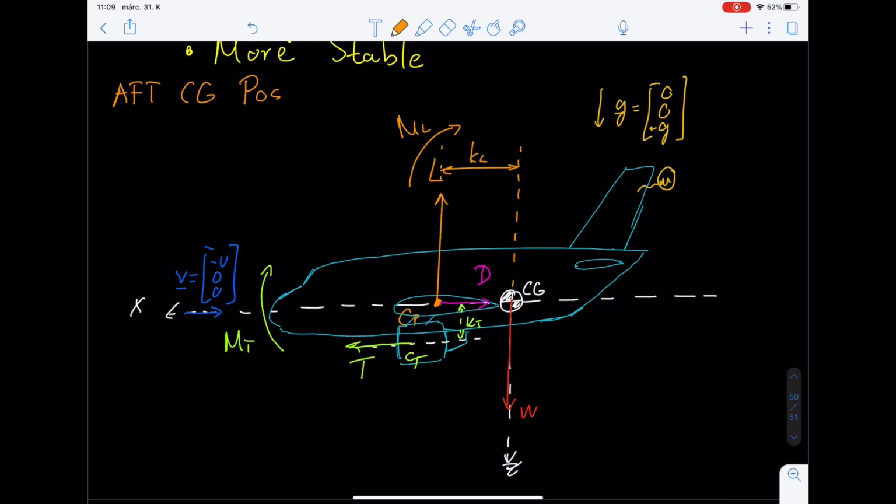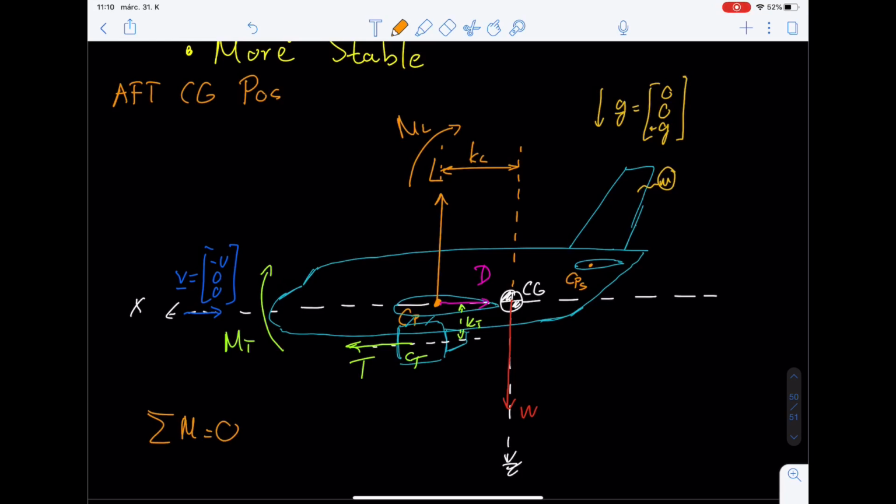So if I want to bring the sum of the moments to 0, in that case, definitely I will need to generate a force in the center of pressure of the stabilizer, which generates a nose down moment, right?